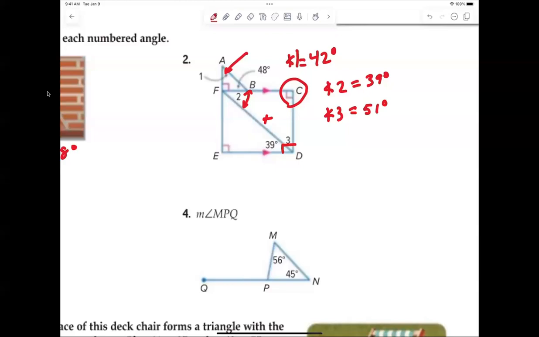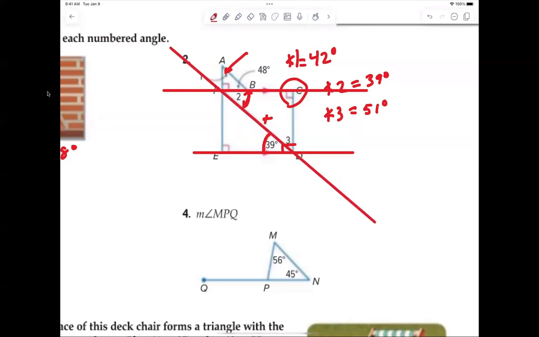Angle 2 was an alternate interior angle with 39 degrees. You with me? Because these lines right here are parallel, cut by this transversal. I always tell kids, sometimes it's a good idea to extend the lines, so your eyes can see it better.